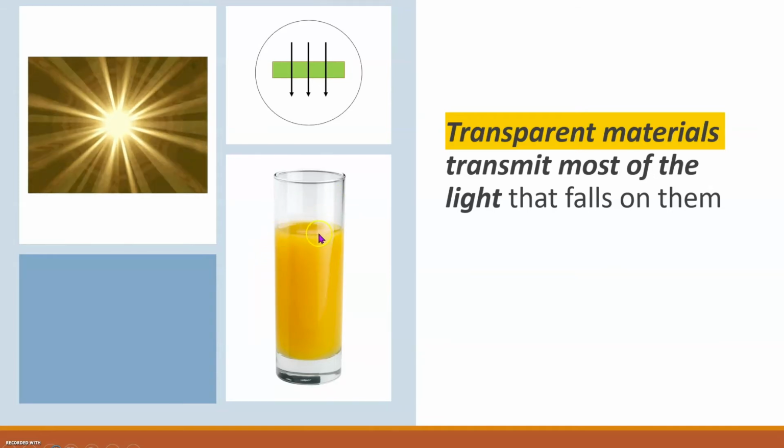That's why we can see what is inside the transparent glass. We can see that there is orange juice, because the light is transmitting most of it through this material. That is a transparent material. Again, what is a material that transmits most of the light that falls on them? Very good. We call it transparent materials.